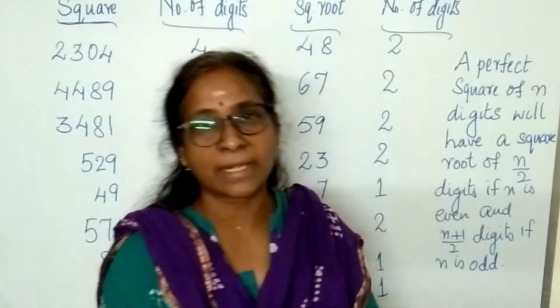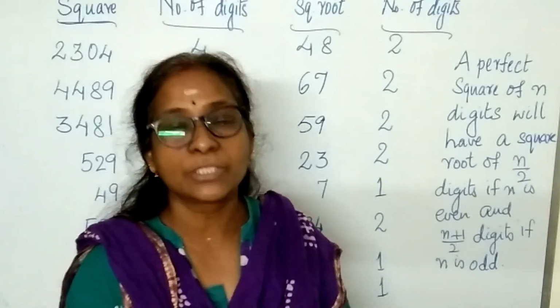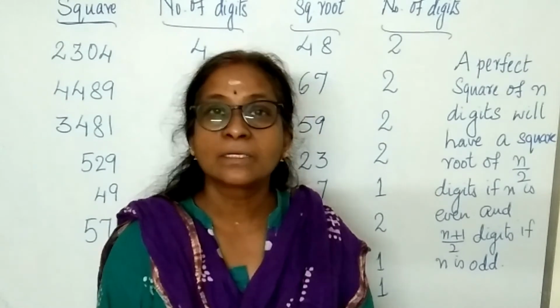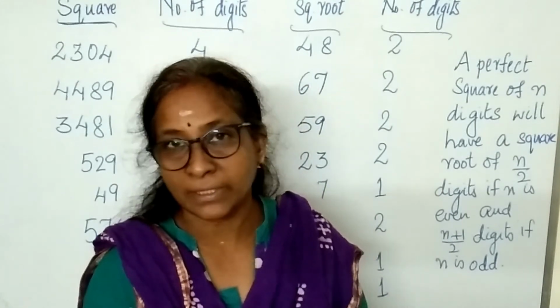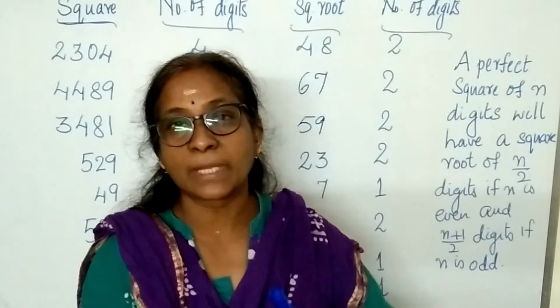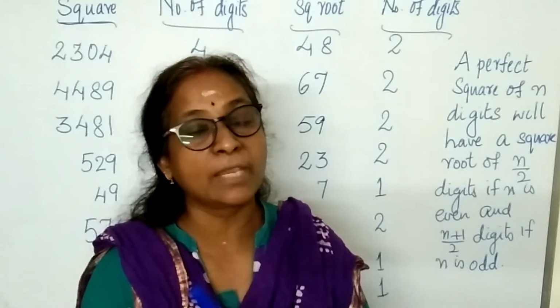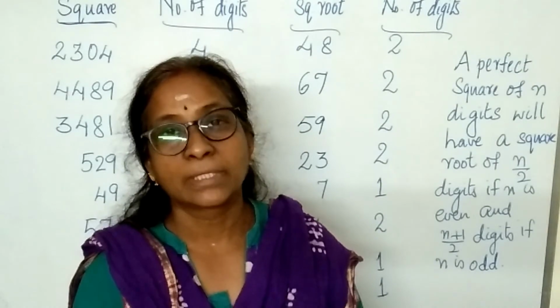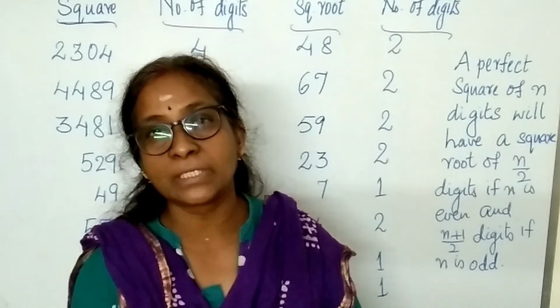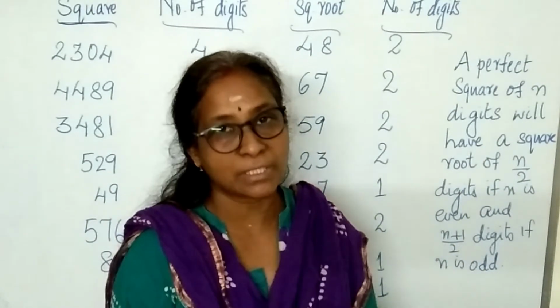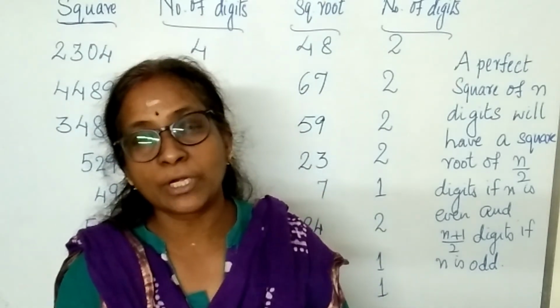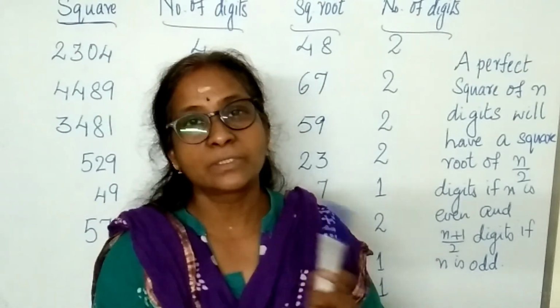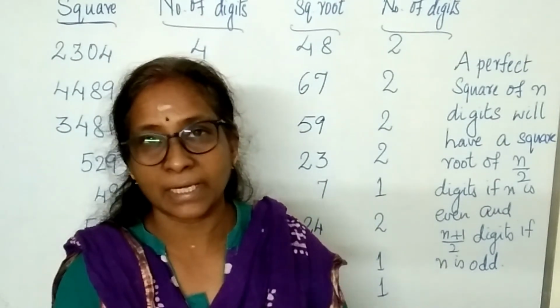So this is a technique to find out how many digits will be there in the square root of a given number. What is the concept? If there are n digits, that is an even number of digits, you have to divide it by 2. That is, if there are 2 digits, then there will be 1 digit in the square root. If there are 4 digits, then 2 digits, 6 digits, then 3 digits, like that.